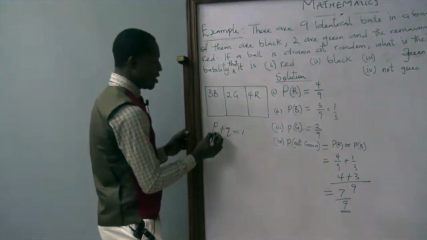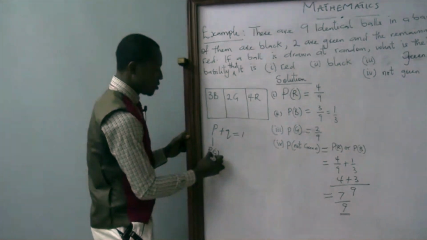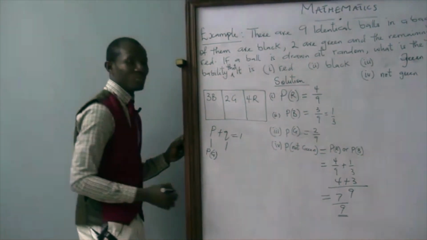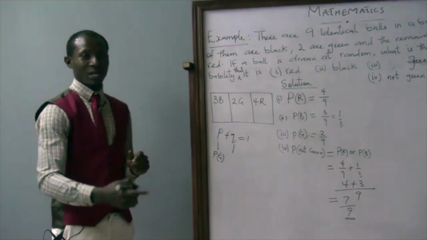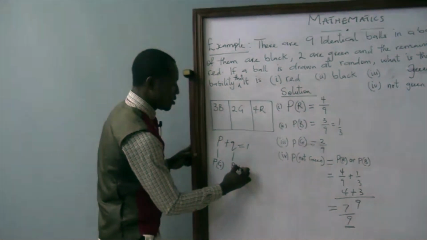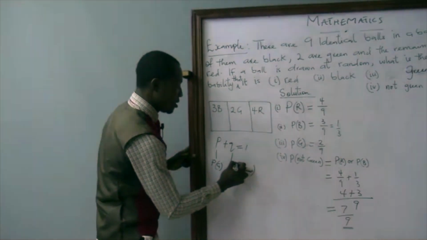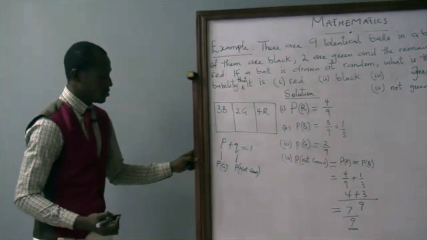If P represents the probability of picking a green ball, then Q, don't forget, represents the probability of failure, that it doesn't happen. So Q is the probability of not picking a green ball.